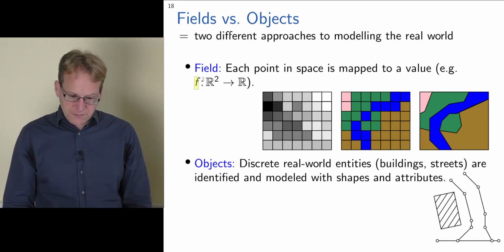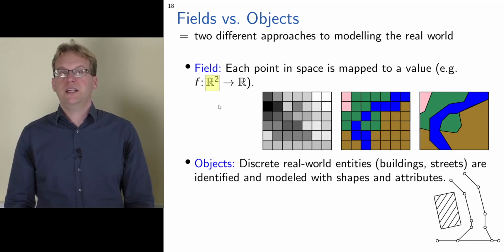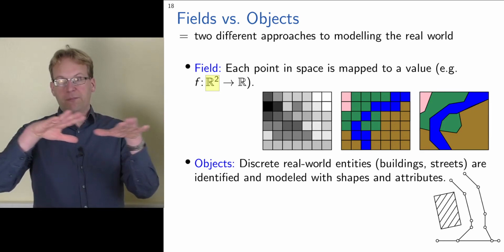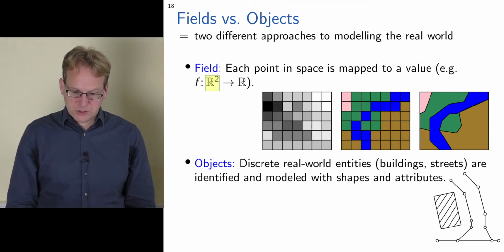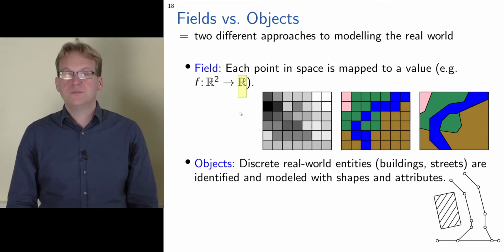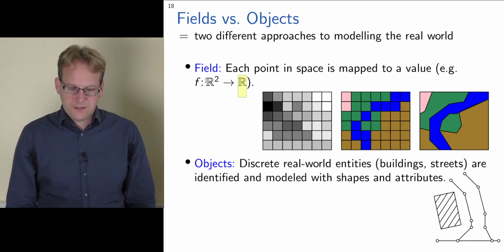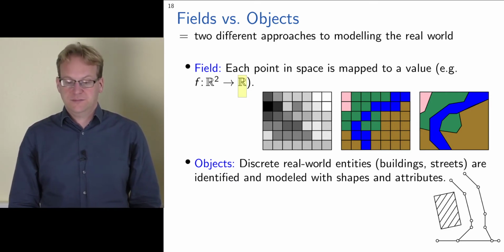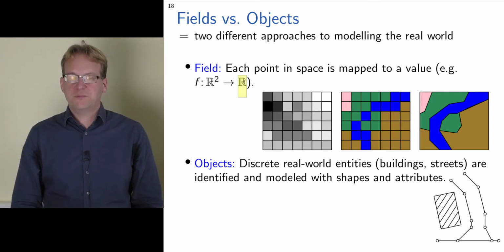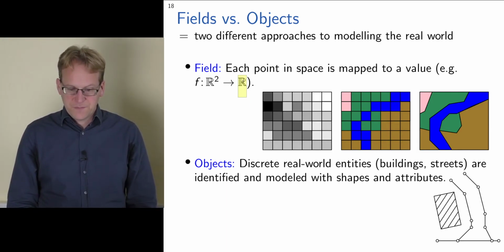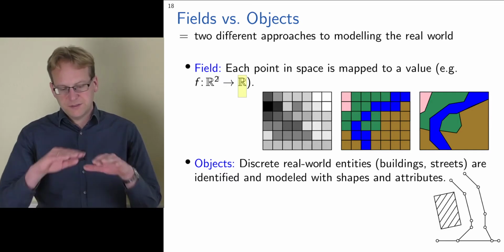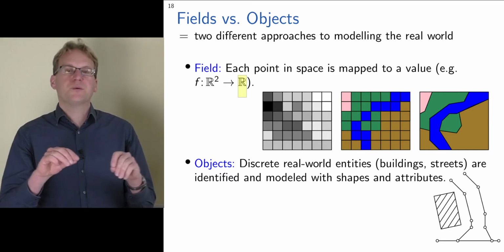Here we can think maybe of a two-dimensional space R squared, so that is our plane, and every point in this plane is mapped to some value. You may also think of a three-dimensional space, where every point is mapped to multiple values. But to keep it simple, let's think of a two-dimensional space.